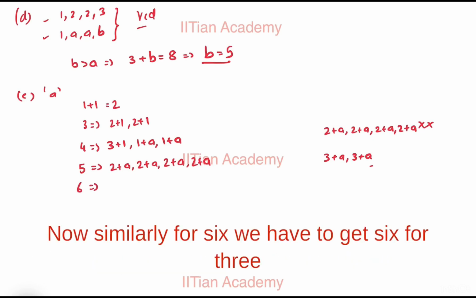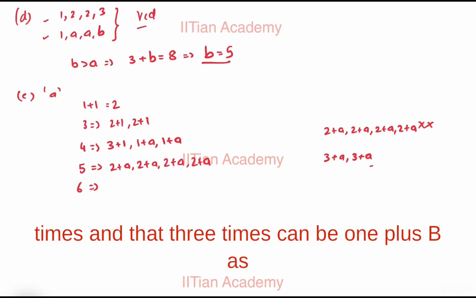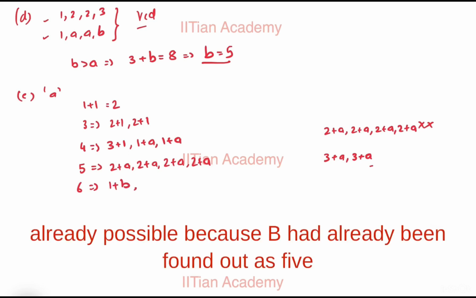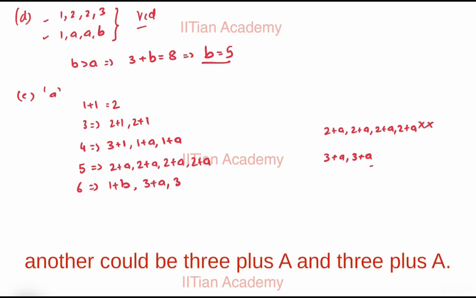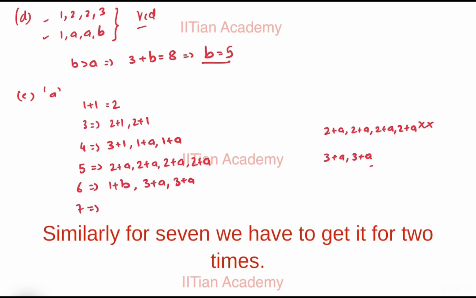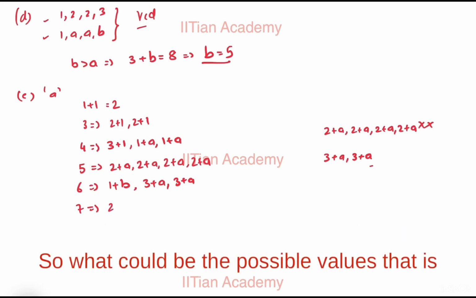Now similarly for 6, we have to get 6 for 3 times, and that can be 1 plus b as already possible, because b had already been found as 5. Another possibility could be 3 plus a and 3 plus a. Similarly for 7, we have to get it 2 times. So what could be the possible values?